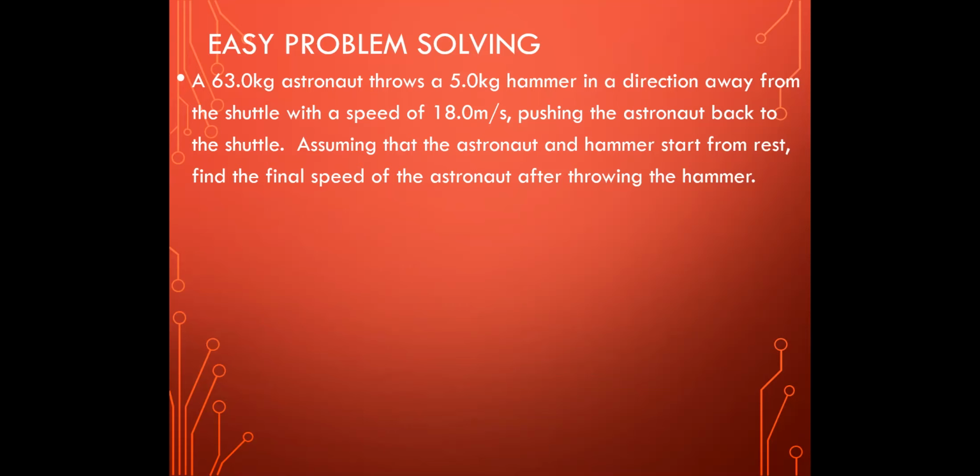Now let's see what happened after that. He threw the hammer in a direction away from him at a speed of 18 meters per second. So he threw the hammer, as an example, to the right with 18 meters per second.